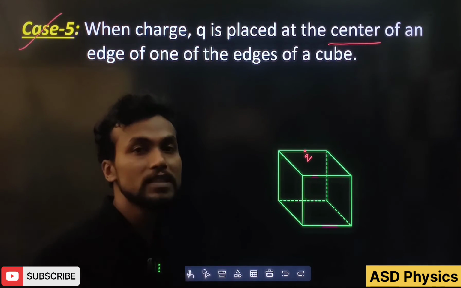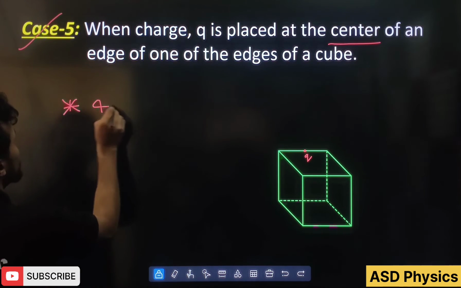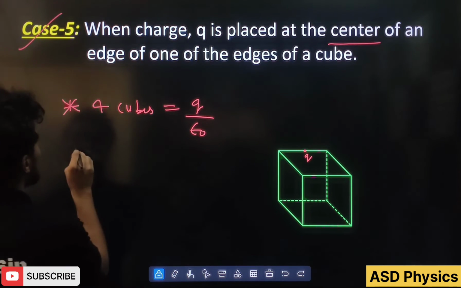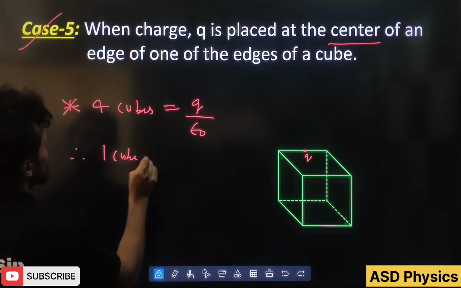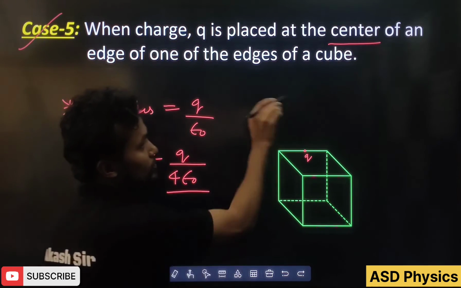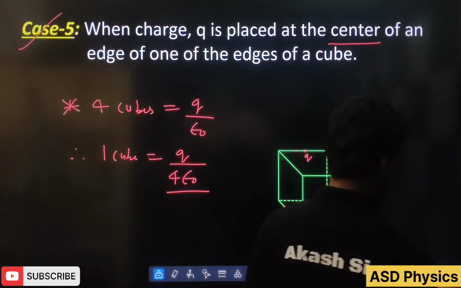That means total how many cubes will be there? 4 cubes will be there, and the charge will come at the center. That means through the 4 cubes, how much flux? Q by epsilon naught. Hence, due to 1 cube, how much flux will be there? Q by 4 epsilon naught. Very easy. We have to draw the 4 cubes so that the charge should come at the center, and we can apply the symmetrical situation.